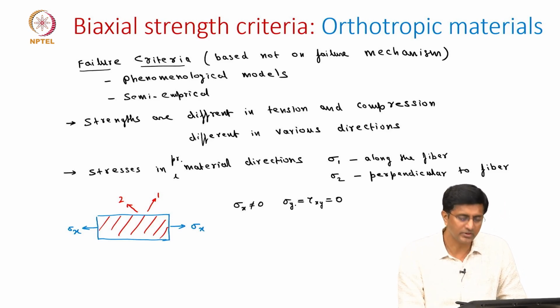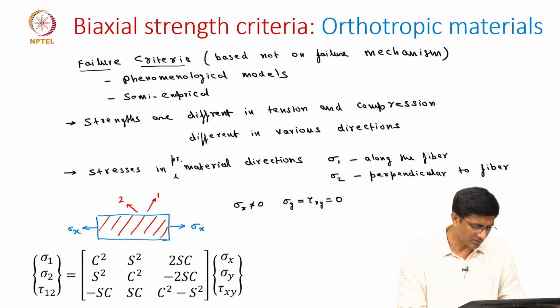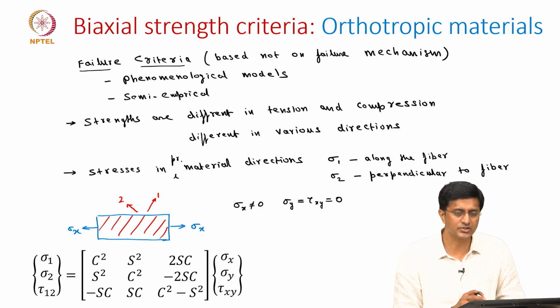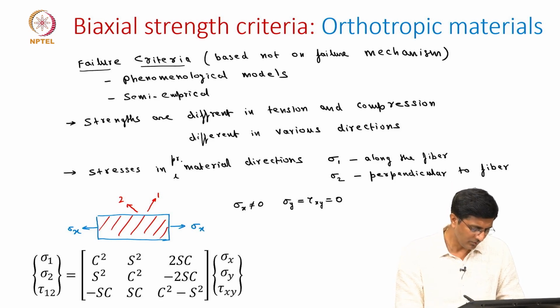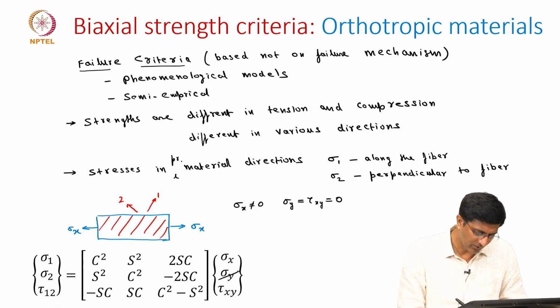So now let's see, for this loading case, how we find the stresses in the material coordinates. For this, we use the stress transformation, which we already discussed a few videos back, where we use this transformation matrix T. So in this, sigma y goes to 0 and tau xy goes to 0.